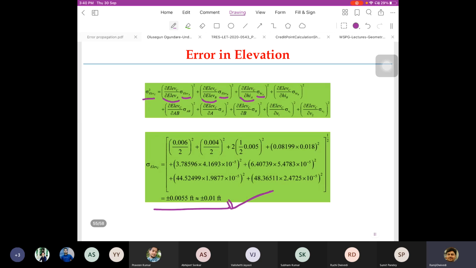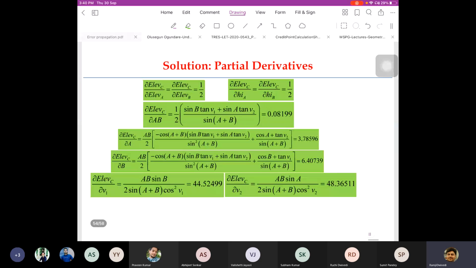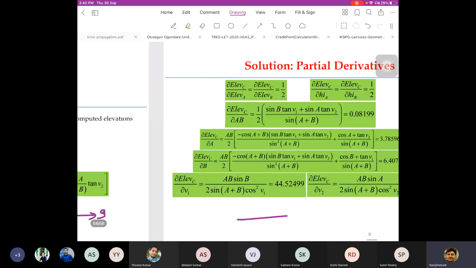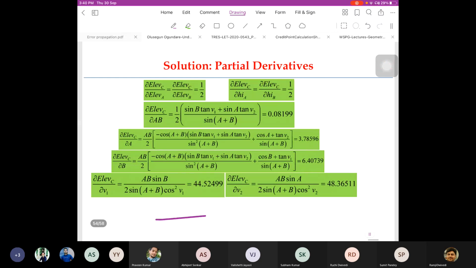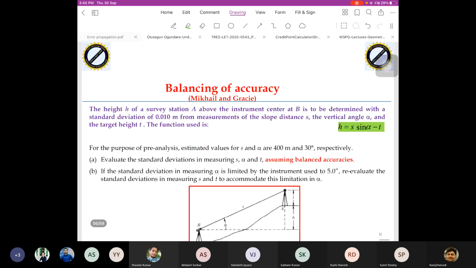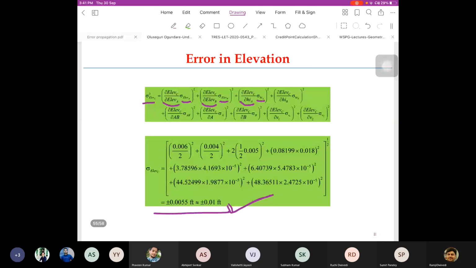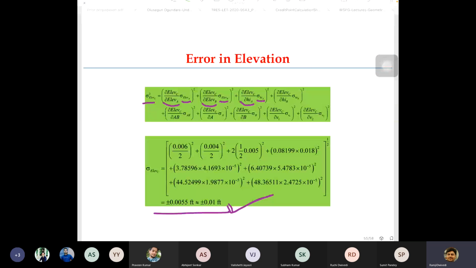This is the error in HC, and this is the partial derivative, which individually we have found. If you want the so-called value of height, you can compute it from here. HC can be computed from here. So you have HC with you.